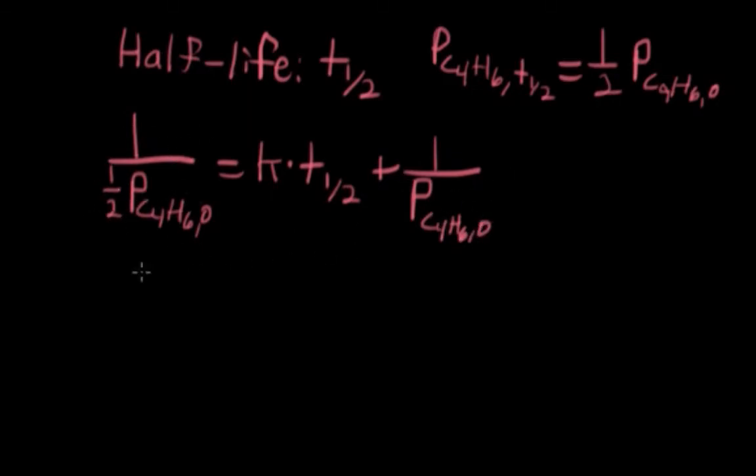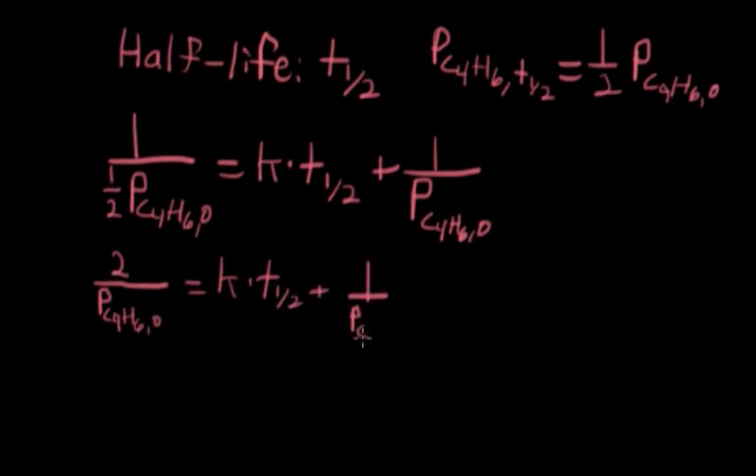So this term here is equal to 2 over the initial partial pressure of C4H6. That's equal to k times t1/2 plus 1 over the initial partial pressure of C4H6. So I'm going to bring this term over to this side of the equation by subtracting it from this side.